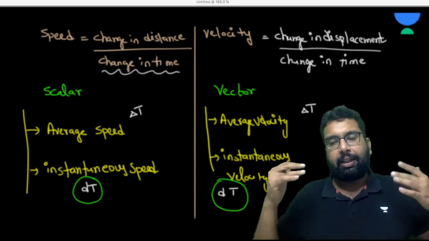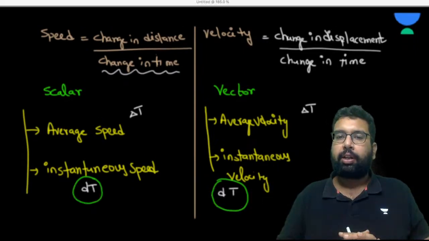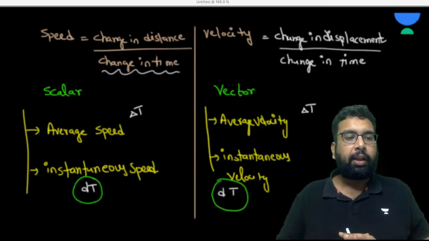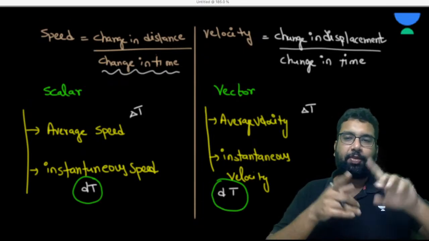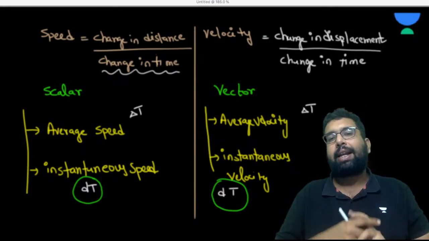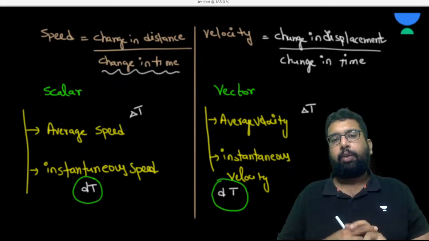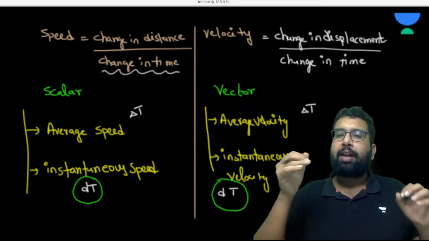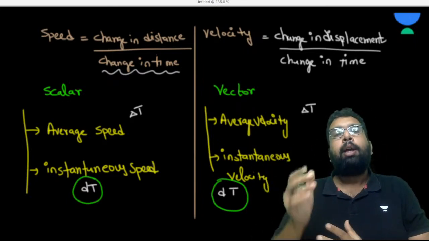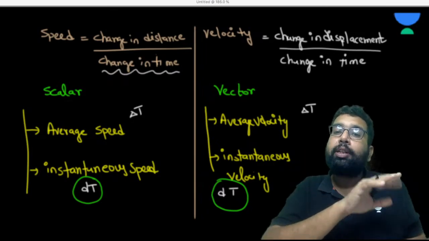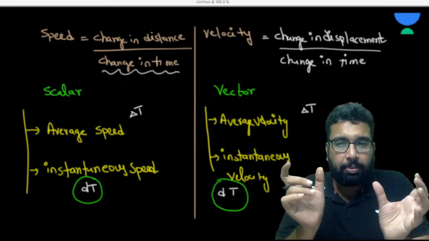So when we talk about speed and velocity, there are two kinds: one is average, one is instantaneous. What is the difference between average and instantaneous? If it is speed or velocity, you are seeing the change of distance and displacement respectively in some change in time.